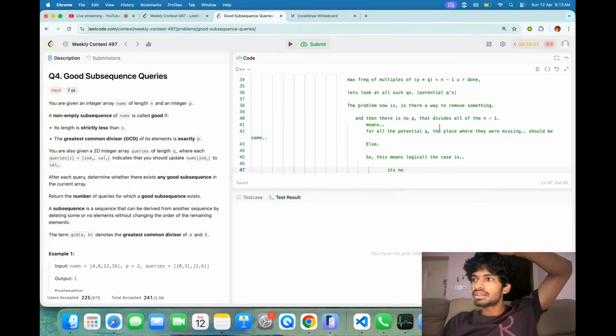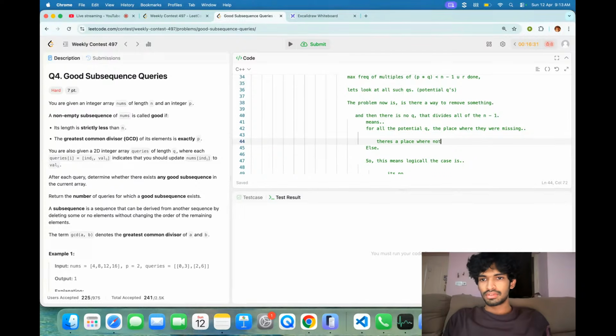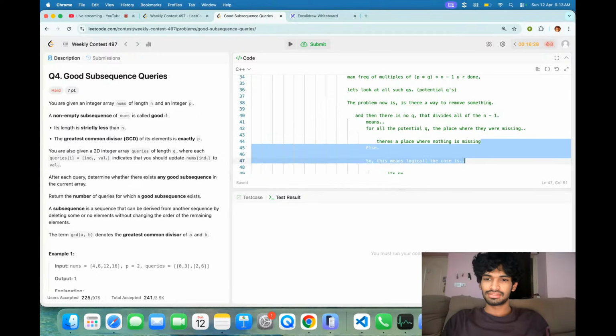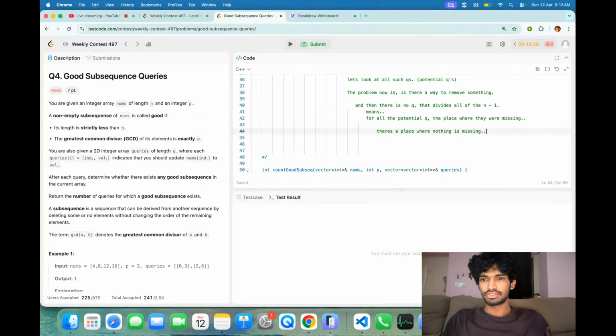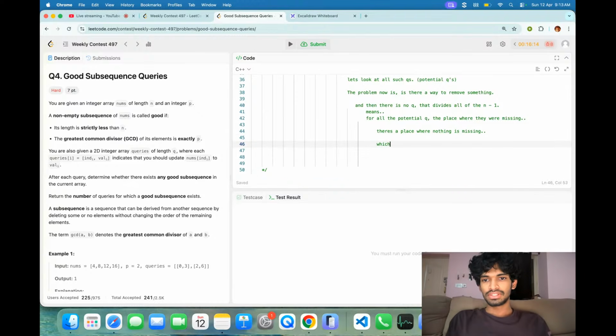Okay, after you remove that, all of them are missing something, right? That should not be the same. Yeah, now it makes sense. So there is a place where nothing is missing. Okay, they cannot appear n times. All of them are appearing n minus 1 times. Nothing is missing.